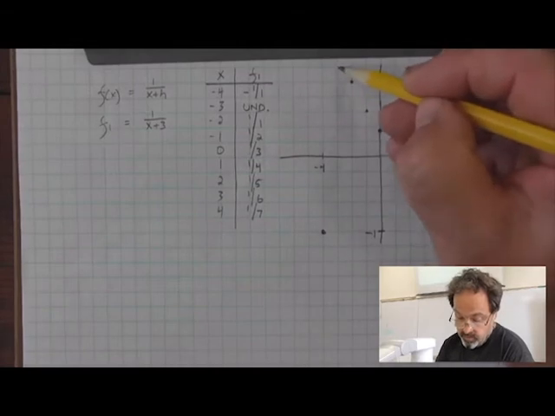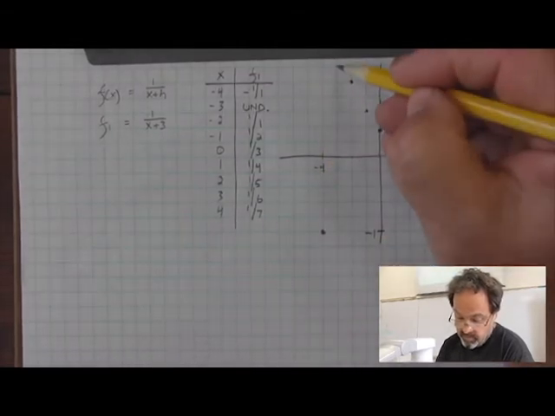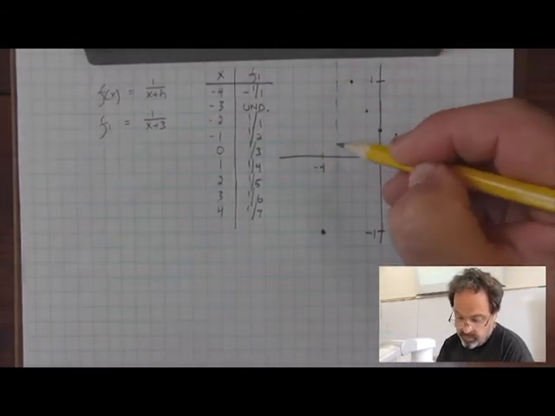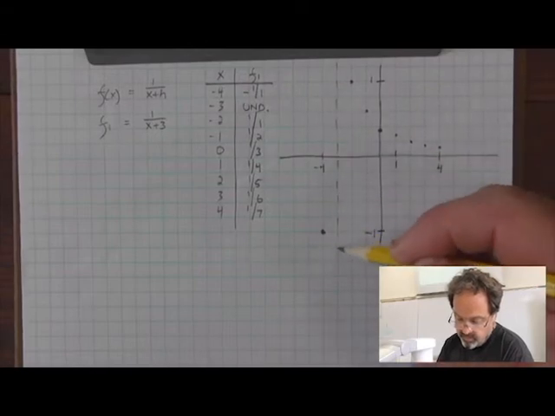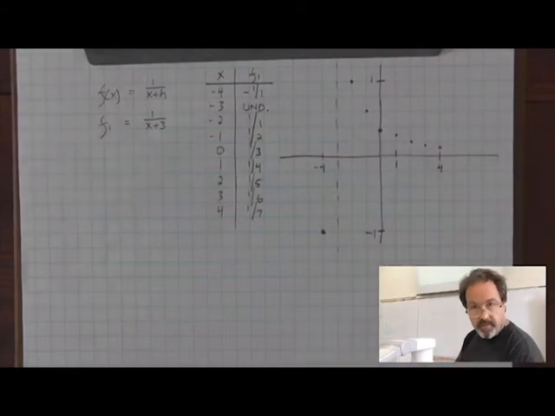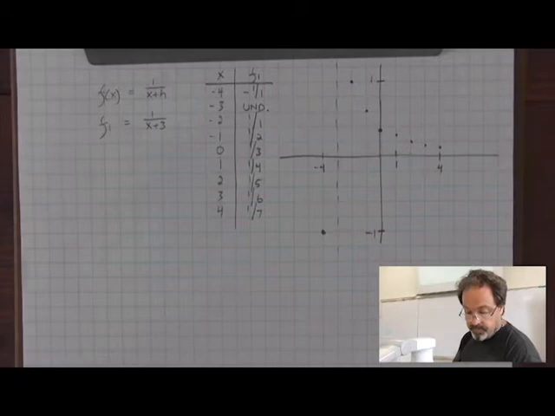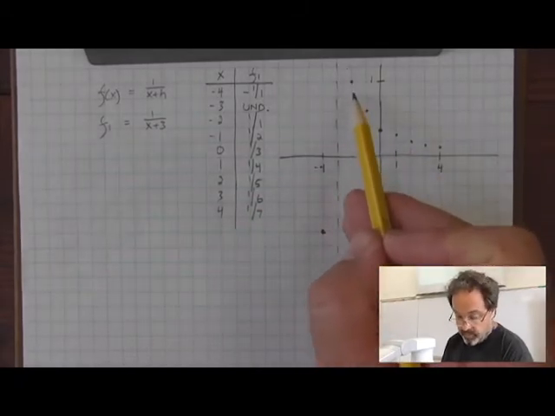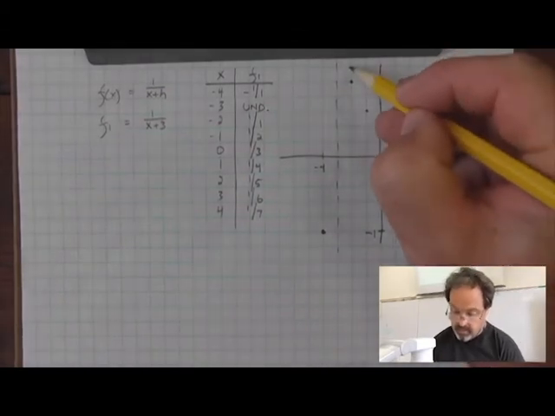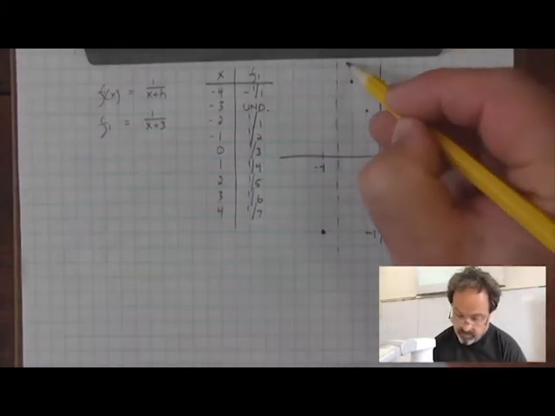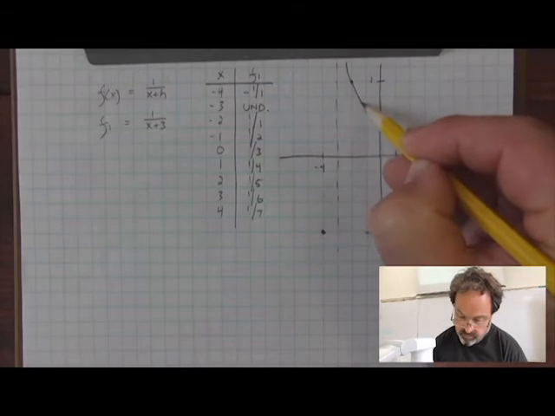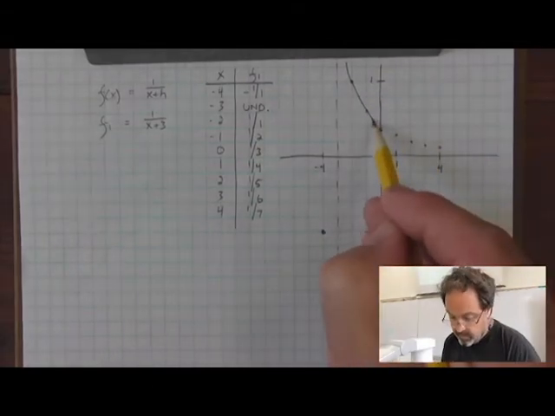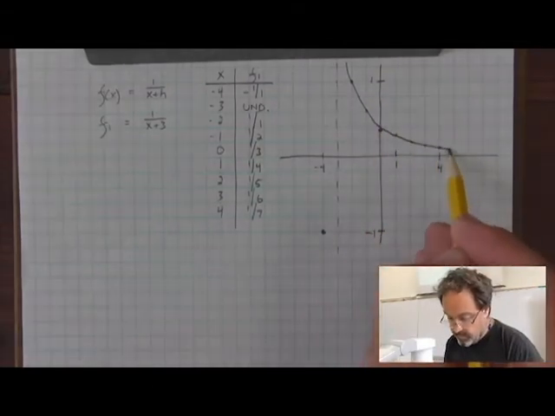What I typically do when I find a place that's undefined is I will draw a dotted line to represent that location that's undefined in the domain. How do I connect these points? I have several points plotted here, and because I've got so many points and I know that they're going to be connected by a curve, I can draw a curve fairly accurately to connect those.